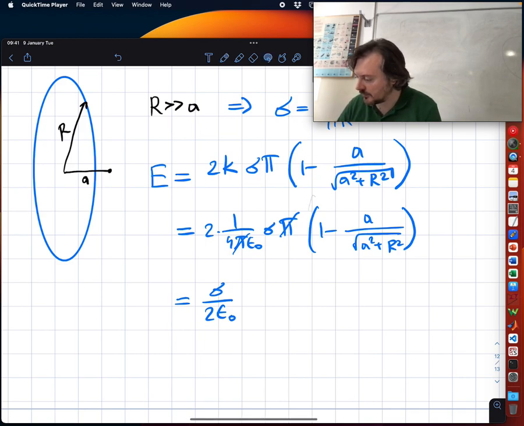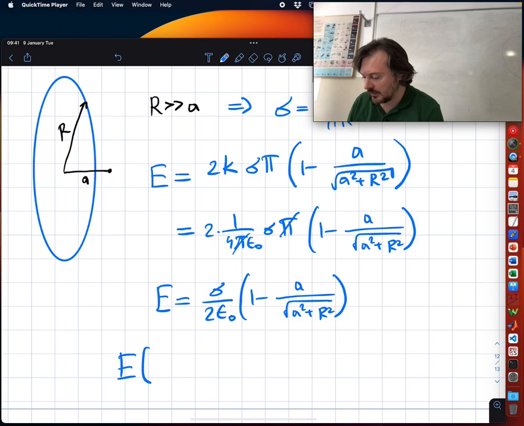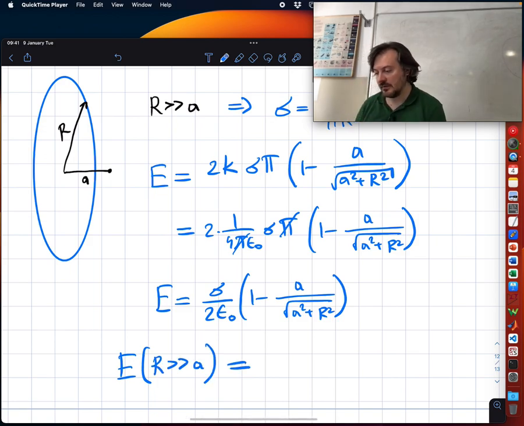Let me just use technology. This is how it looks for the electric field. And when I'm looking for the electric field when R is much larger than A, what do I get?